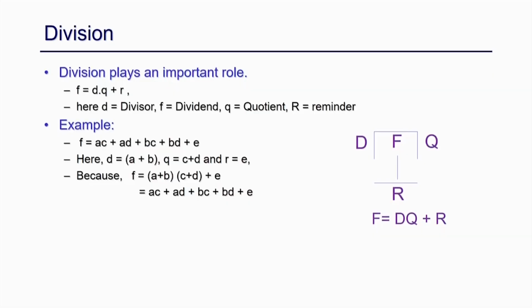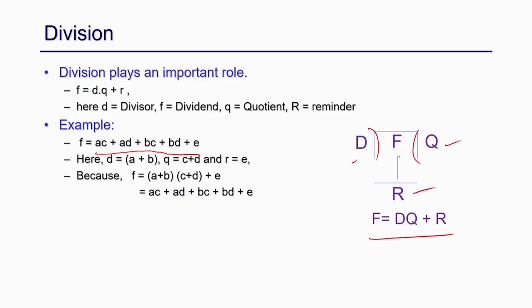Just to illustrate this, suppose I am dividing f, which is my dividend, by this divisor, and this is the result, the quotient, and this is my remainder. So, my f is basically d into q plus r. Now, suppose my f is ab plus ad plus bc plus bd plus e.